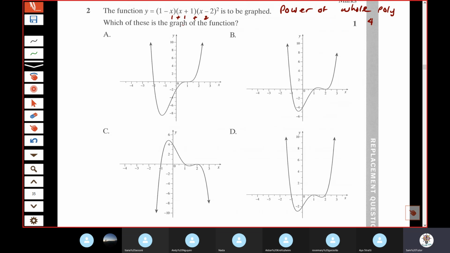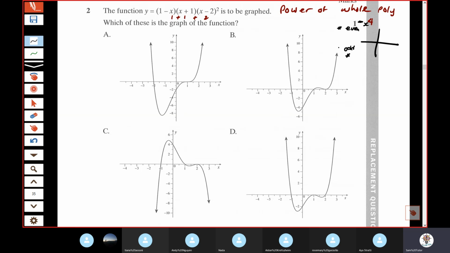But is it a positive 4 or negative 4? Well, x squared, multiplied by x would give you x cubed, but multiplied by negative x would give you negative x to the 4. So negative x to the 4 is technically the power of the whole polynomial. If you remember, even start up here, odd start down here. Because x squared or x to the 4, I would have started up here. X cubed, x to the 5, 7, start down here.